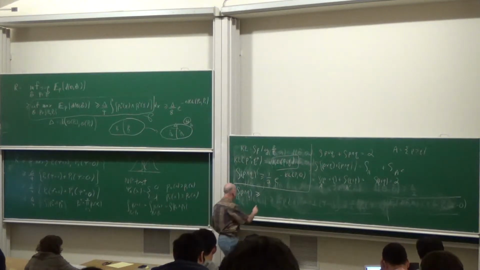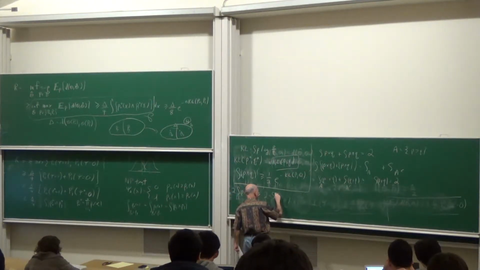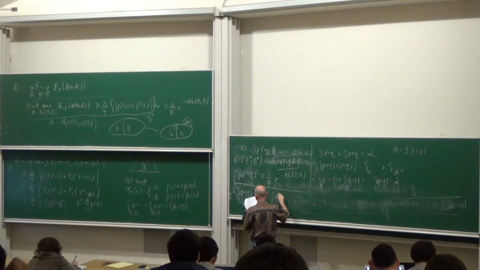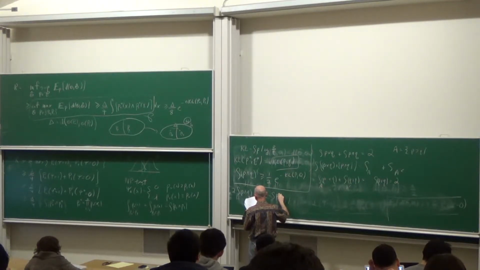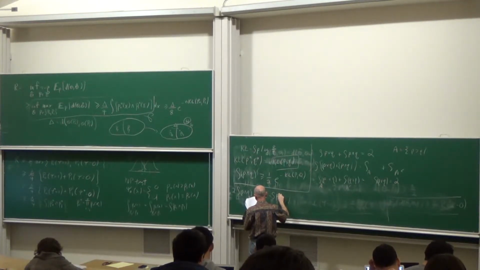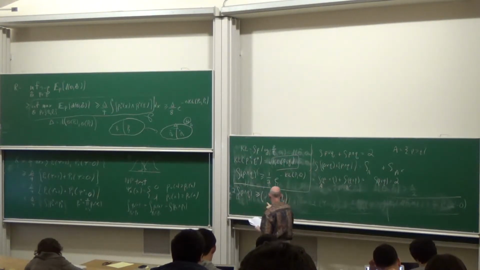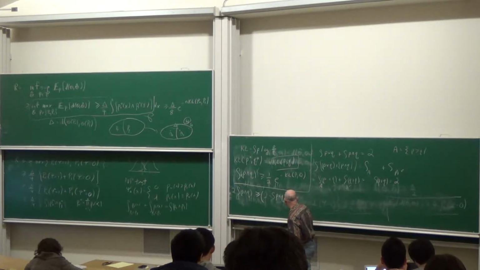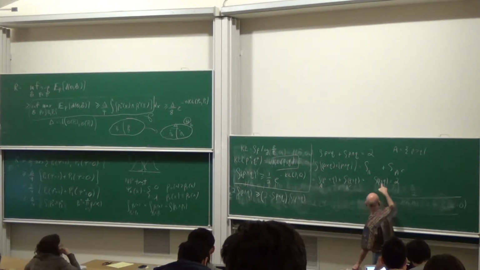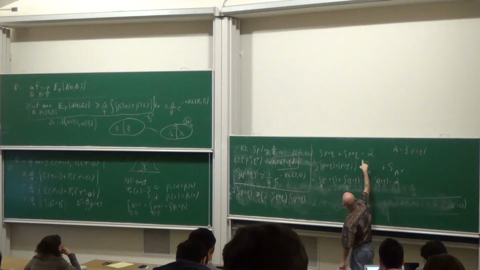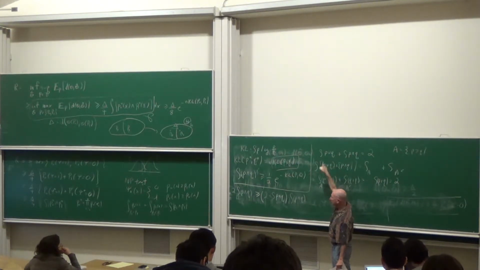Something convenient, namely 2 minus the integral of P max Q. I'm just taking 2 minus something, so it's smaller. But 2 minus the integral of the minimum is exactly the integral of the maximum.